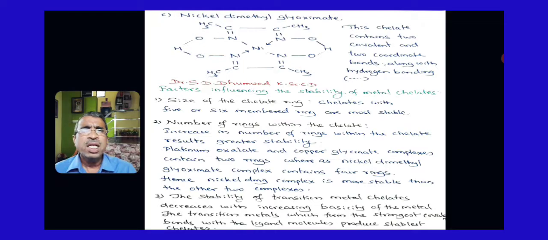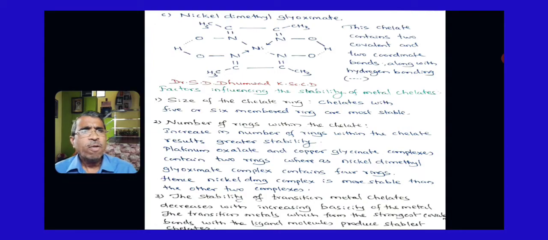An increase in the number of rings within the chelate results in greater stability. Platinum oxalate and copper glycinate complexes contain 2 rings, whereas the nickel dimethyl glyoximate complex contains 4 rings. Hence, the nickel DMG complex is more stable than the other 2 complexes.